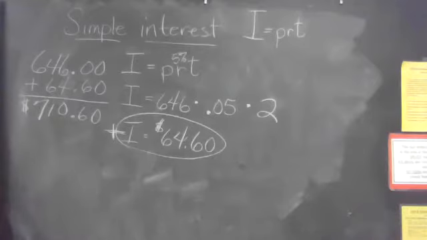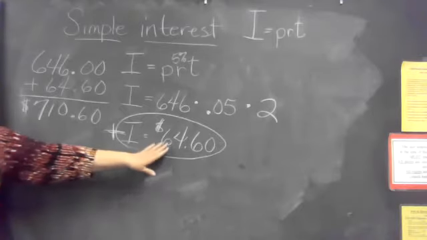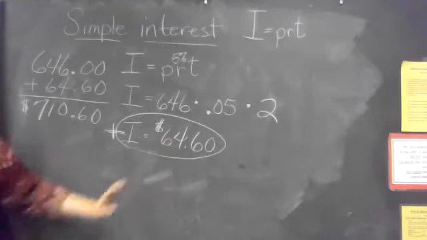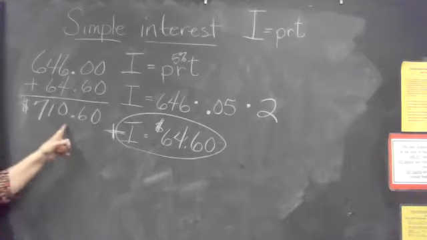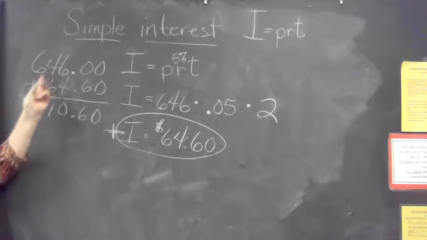Depending on what they ask you in the question, in this particular question on this worksheet, it asks only for the interest. So this is the answer. But if they say, what's the balance in my account after 2 years, then they want this. They want you to take the original and add the interest onto it.